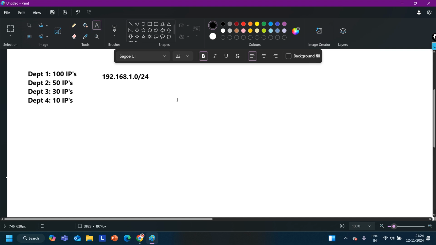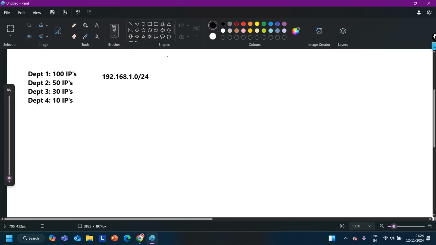So in department 1, required IP addresses are 100. You know the formula is 2^h - 2 should be greater than or equal to 100. Here we need to find the h value. What should be h? 2^7, means h should be 7, right?